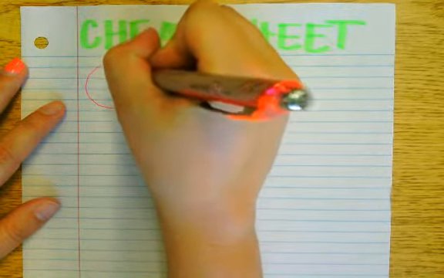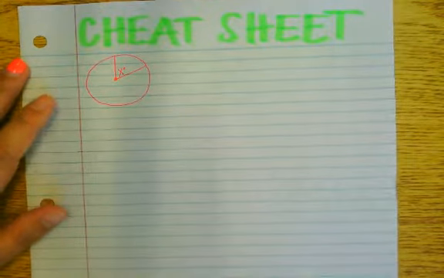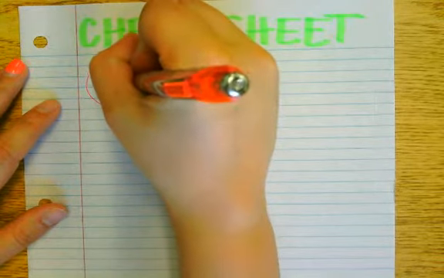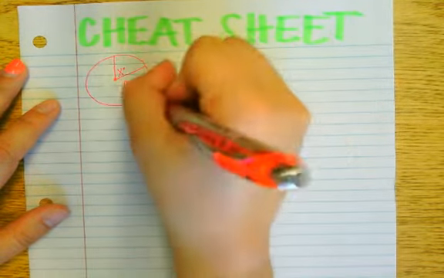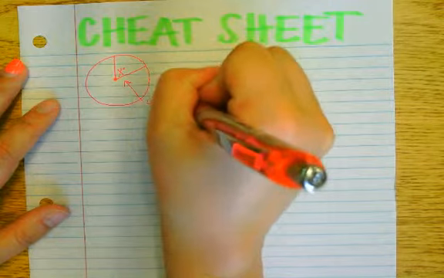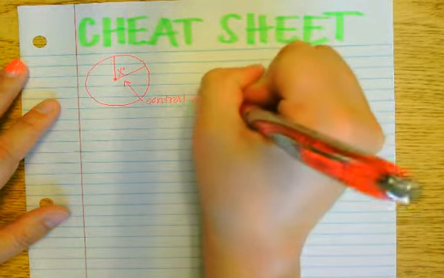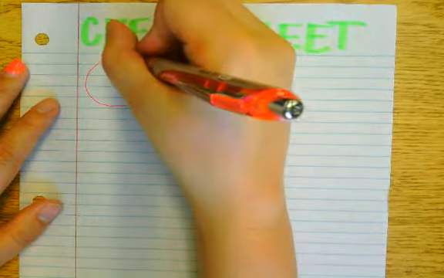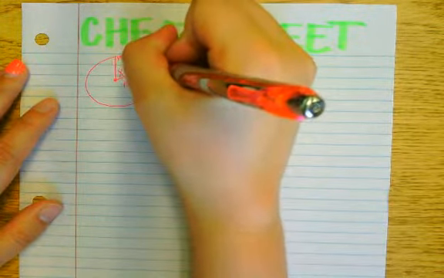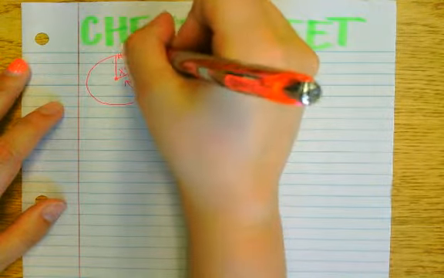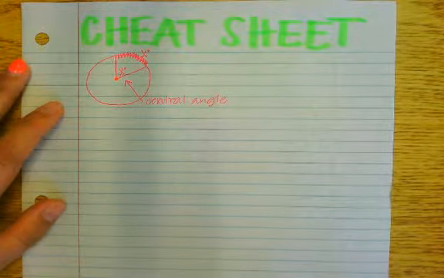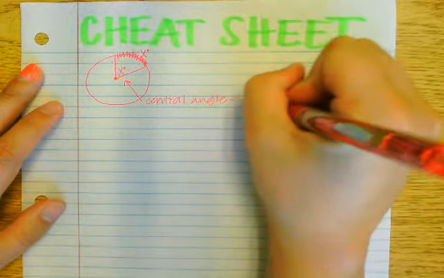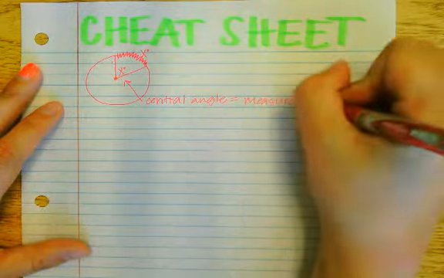Remember, your central angle has to have a vertex at the center, and your central angle has the same measure as the intercepted arc. So central angle is equal to the measure of the intercepted arc.